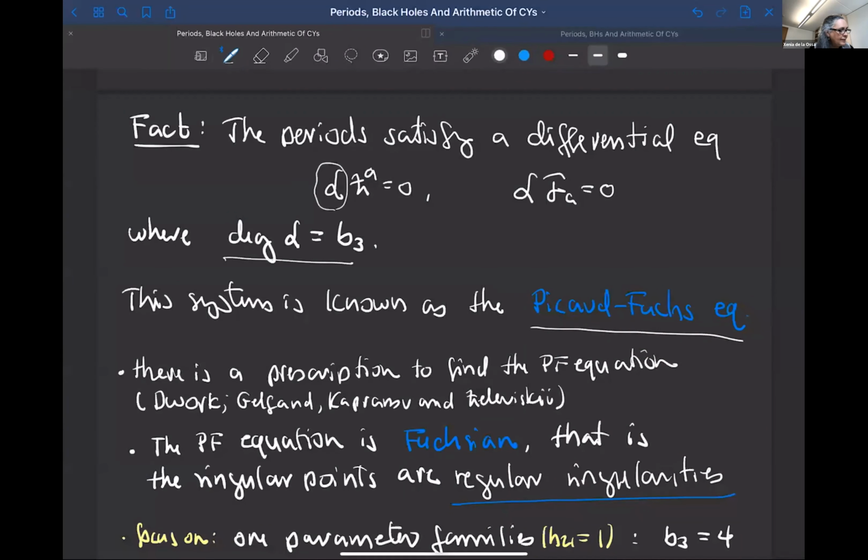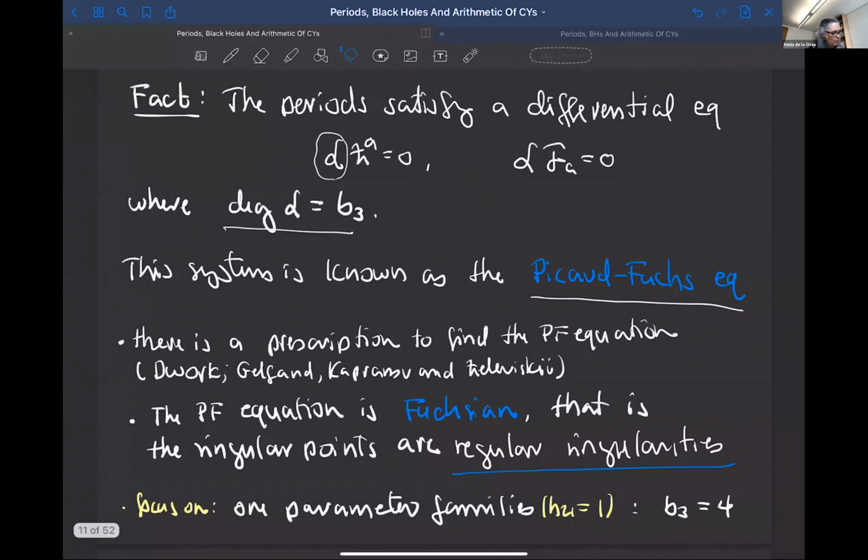There is a prescription to find the Picard-Fuchs equation, due originally to Dwork, and then later on Gelfand, Kapranov, and Zelevinsky elaborated on Dwork's work and produced a sort of algorithm to produce the Picard-Fuchs equation. Now I'm making it sound like this is easy, and it isn't, right? But in practice, one can do some computations.